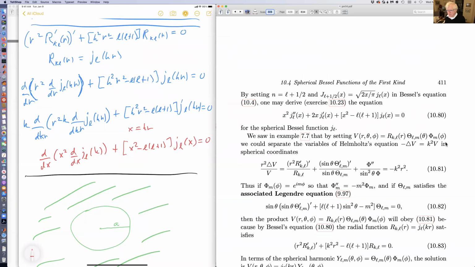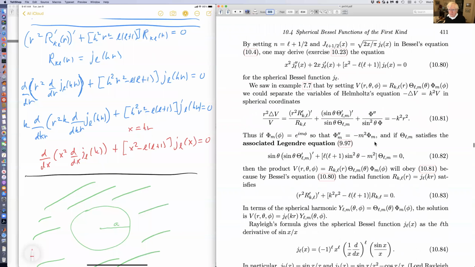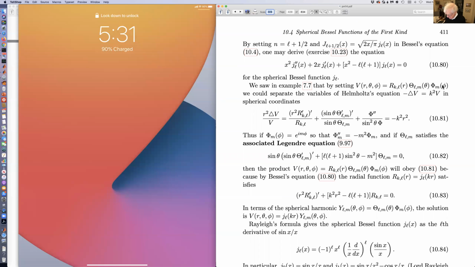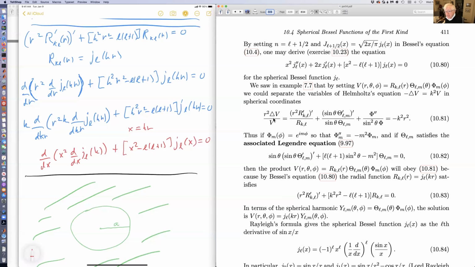And if you start out with an equation like this, minus Laplacian of V is k squared V, and you let V equal R theta phi in this sense, then as we saw back in chapter 7, if we multiply by minus R squared and divide by V, we get this expression, because the Laplacian essentially factorizes.